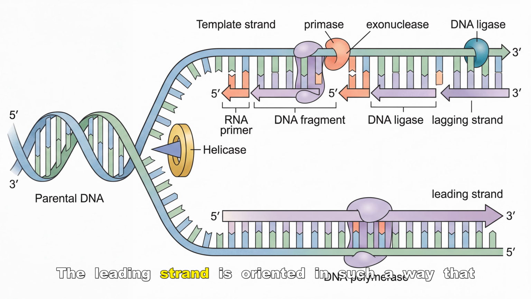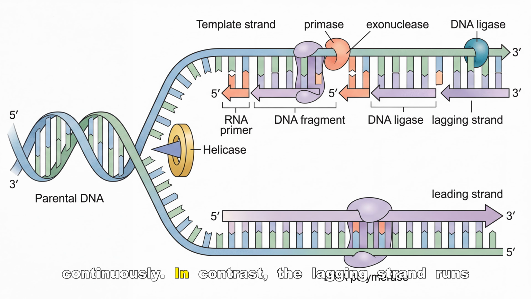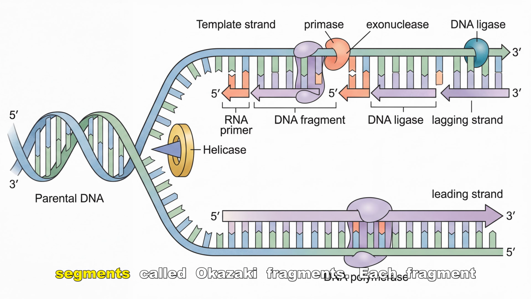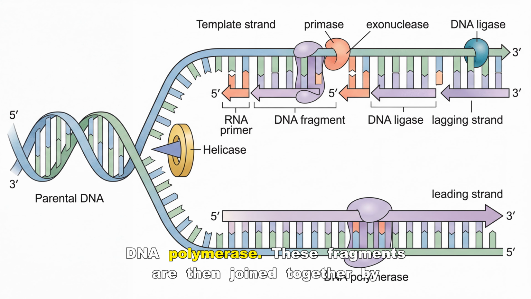The leading strand is oriented in such a way that DNA polymerase can follow the replication fork and synthesize continuously. In contrast, the lagging strand runs in the opposite direction, so it must be synthesized in short segments called Okazaki fragments. Each fragment begins with an RNA primer and is later extended by DNA polymerase.